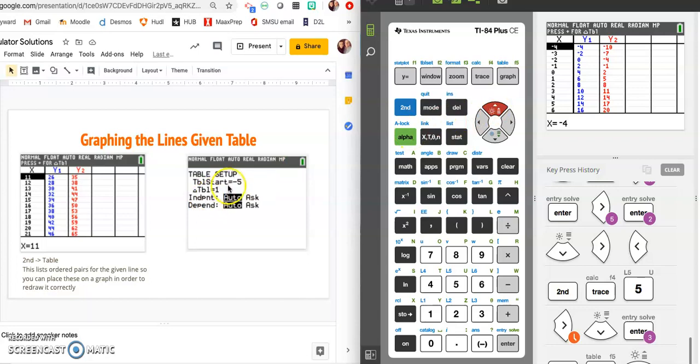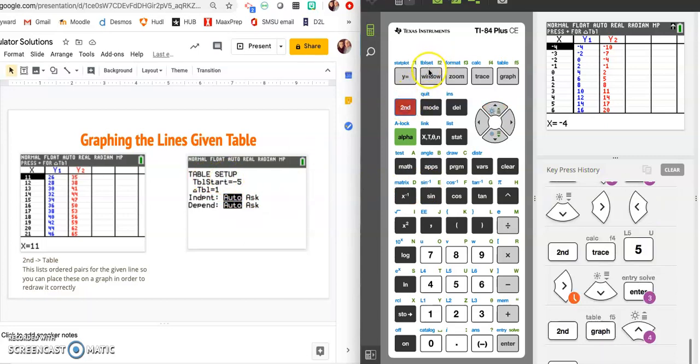Another thing that is nice to know is sometimes you get really far off and you have outrageously big or really, really small numbers. And so you can go to table setup, and that's going to help you right here.